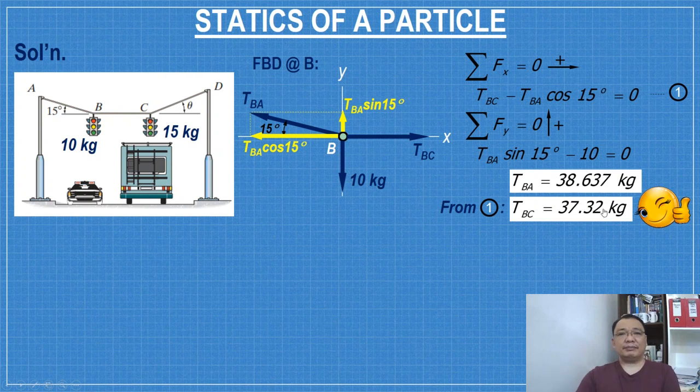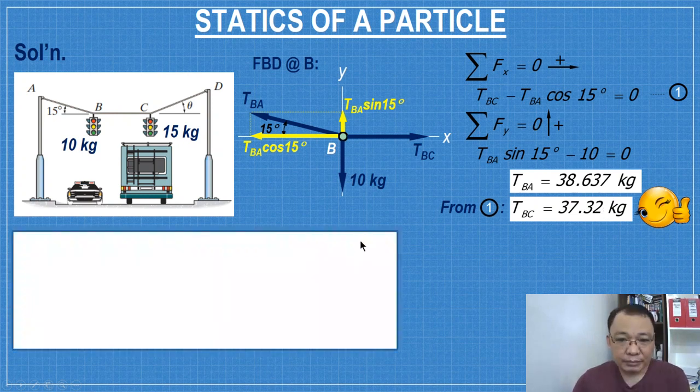Now, in statics of a particle or in equilibrium in particular, there's an alternate solution to this, if you only have three forces. Of course, you can use the other method if more than three forces, but this style is easier.